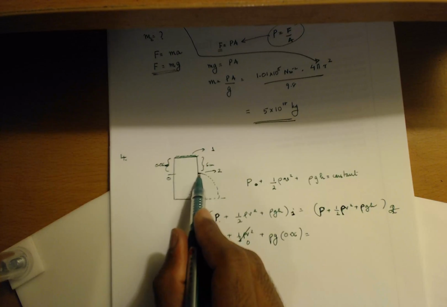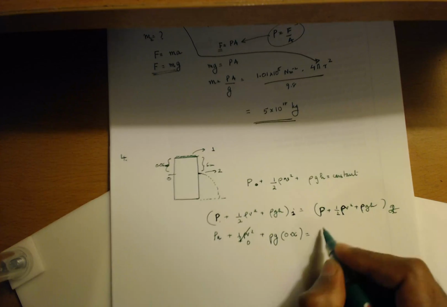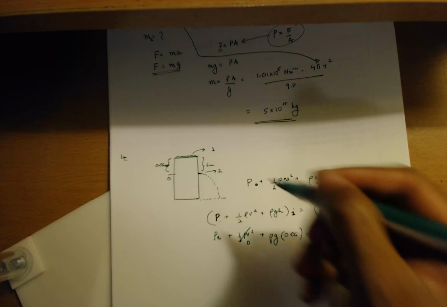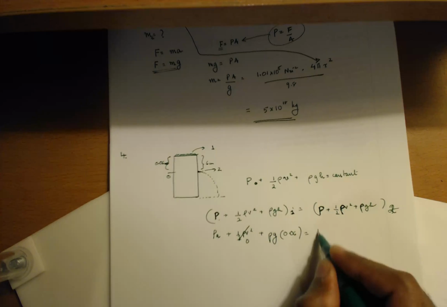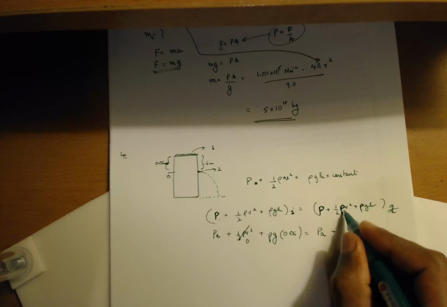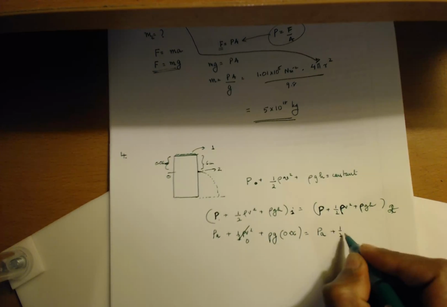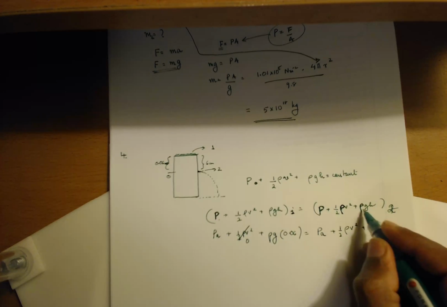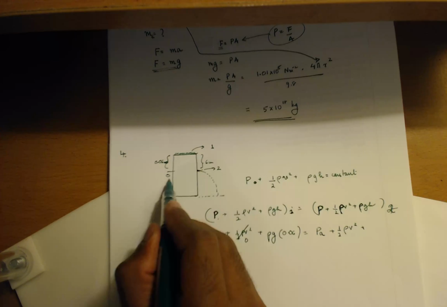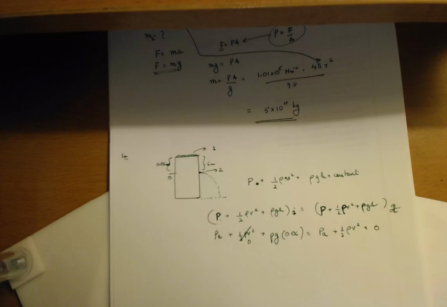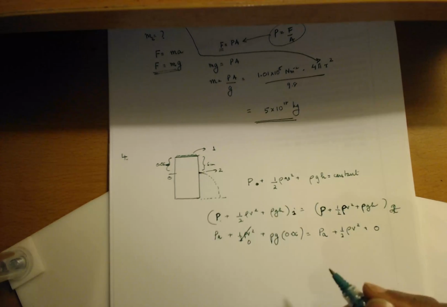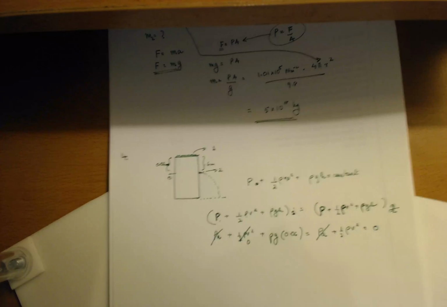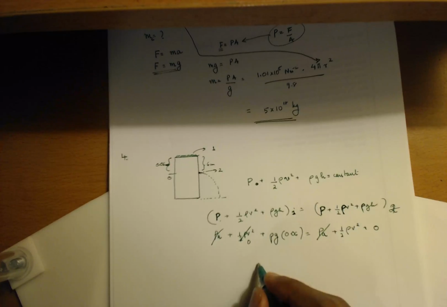That's the same pressure because it's interacting with air, or air is exerting a pressure on it, which is again atmospheric pressure, plus half rho times the velocity with which it's jetting out, which is what we're looking for, plus density times g times height. Now I made this my 0 height for convenience, and this is where it became convenient. That is 0 now. This and this are the same, so I can cancel them out.